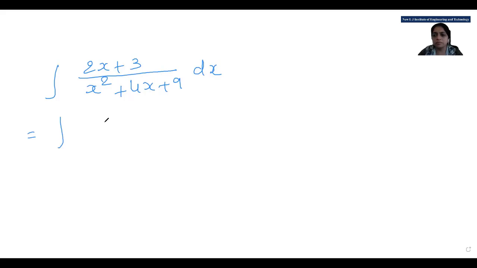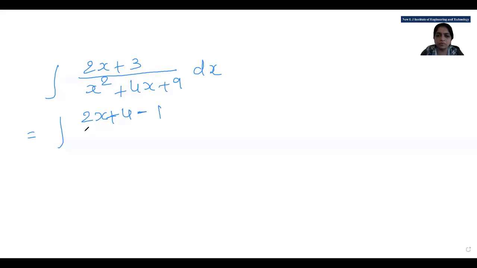Yes, Mahek. Ma'am, first we will add and subtract 1 on the numerator side, and we will make it 2 integrations. So 2x plus, I add 1, 3 plus 1 is 4, and minus 1.